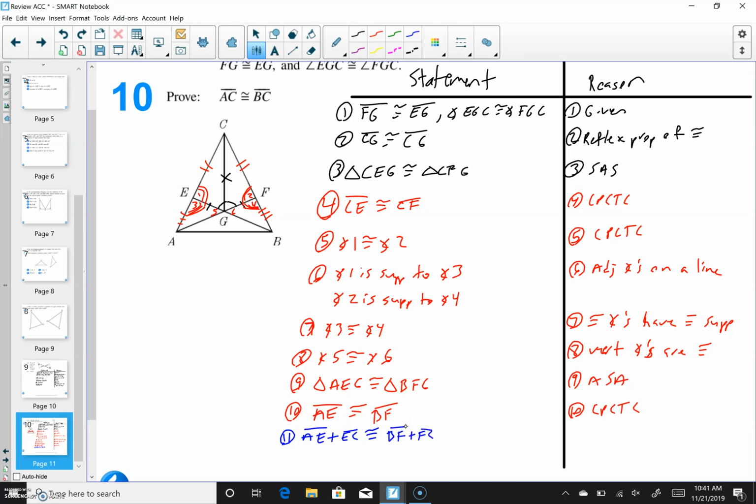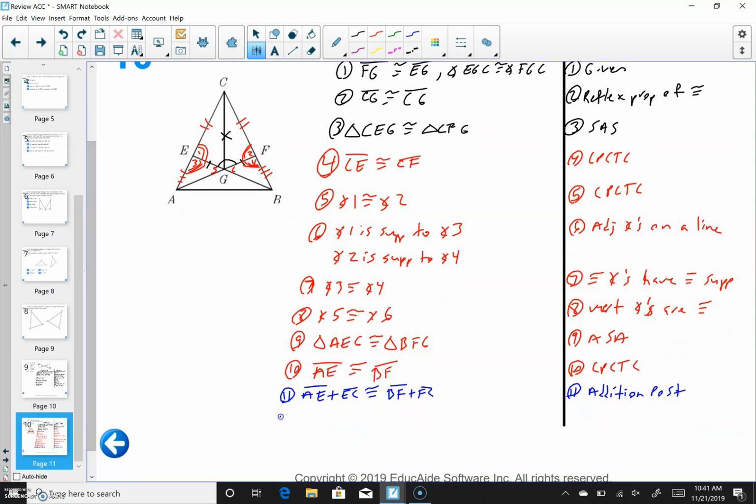So we've proved that the top 2 are congruent and the bottom 2 are congruent, and now we want to add them together to get the whole thing. And that's going to be our addition postulate. I'll write that a little bit neater here. That's the addition postulate.